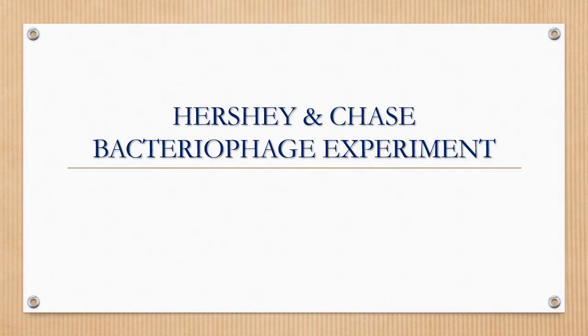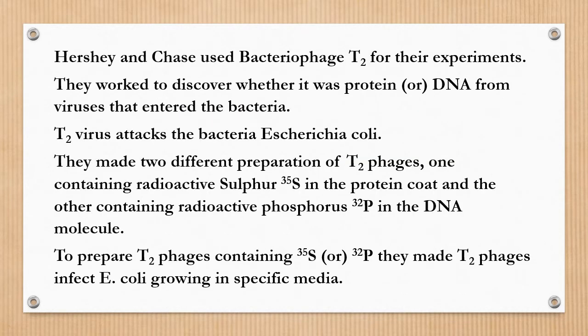Now, the Hershey and Chase bacteriophage experiment. Hershey and Chase used a bacteriophage called T2 for their experiments. They worked to discover whether it was protein or DNA from viruses that enters the bacteria.